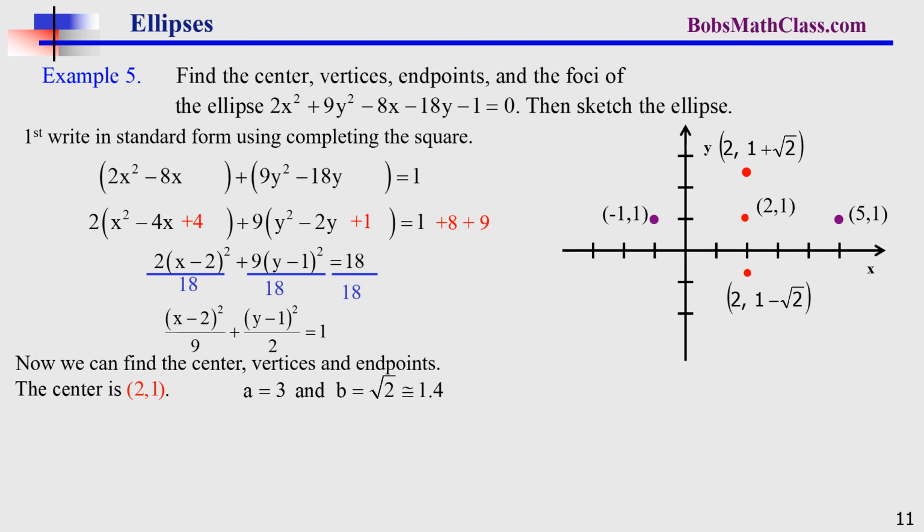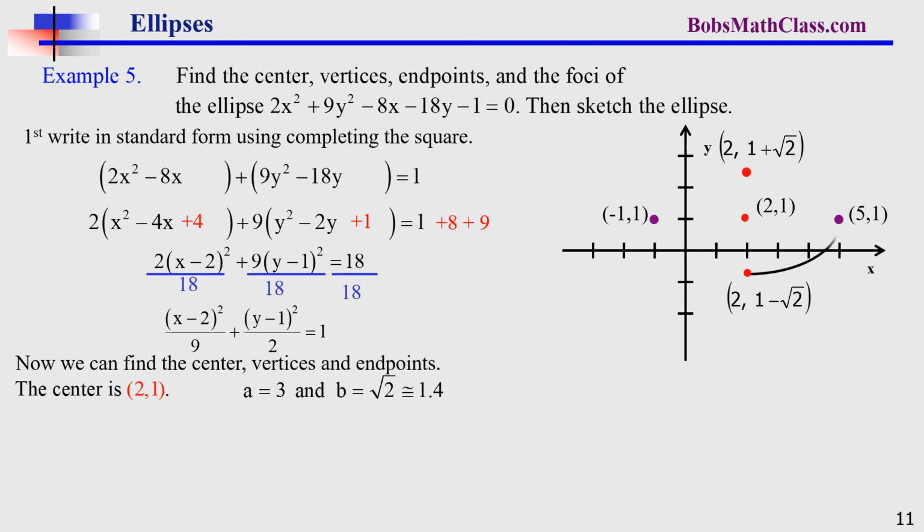And then going square root 2 up and down gives you 2, 1 plus square root 2, 1 minus square root 2. Again, we always add the radical to the y value when we're going up and down. Just like we added 3 to the x value going left and right. 2 plus 3 is 5, 2 minus 3 is negative 1.